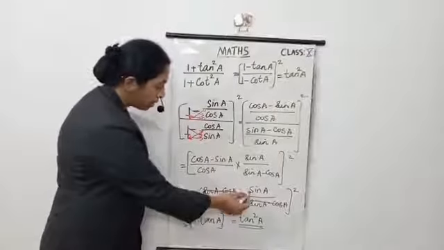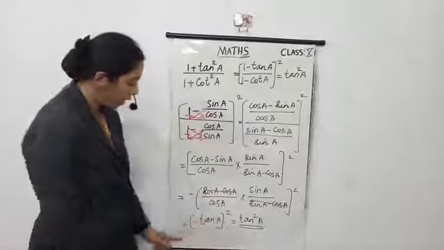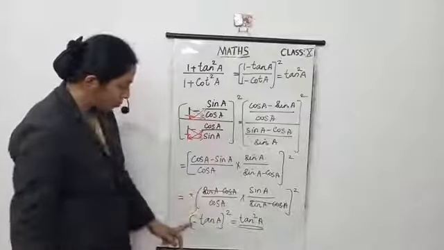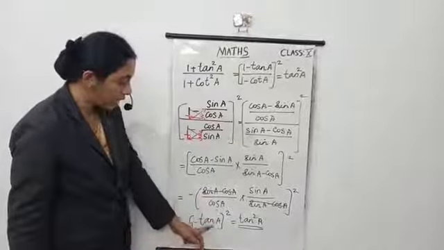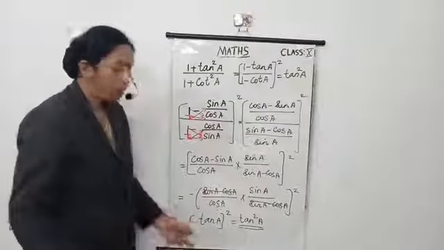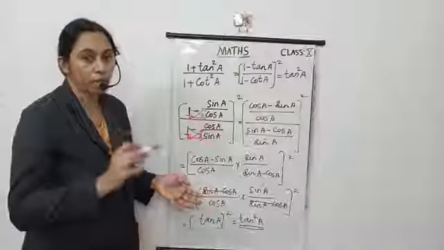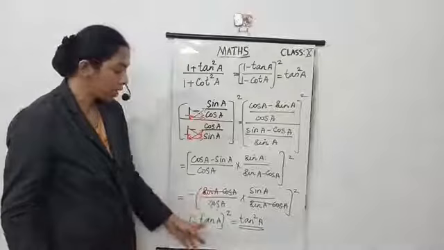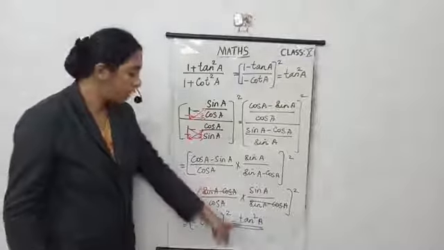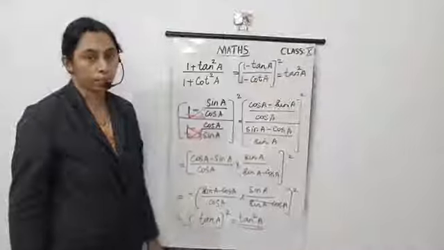Now balance is sin A by cos A. Sin A by cos A means tan A, and also this minus, so minus tan A all square. Now all square means minus tan A into minus tan A, minus into minus plus, then tan A into tan A is tan square A, so we get answer tan square A.